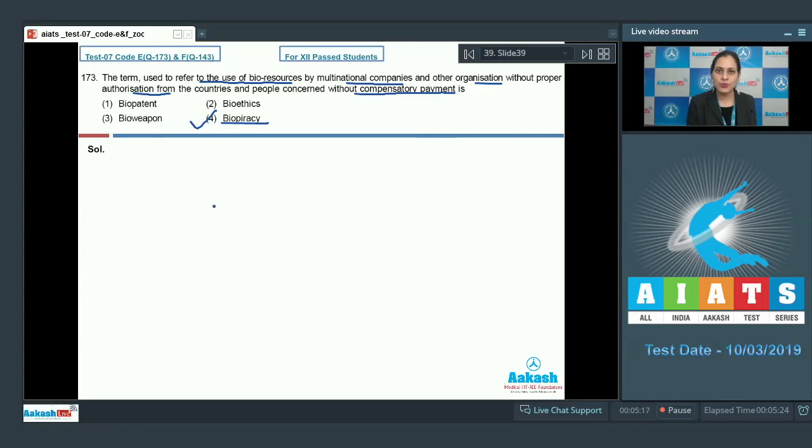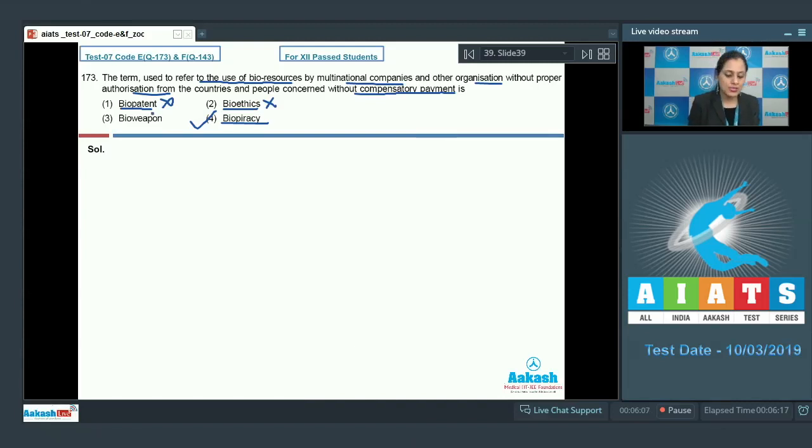Let's discuss rest of the options. The very first option given is biopatent, and this is an incorrect option because patents which are being granted for biological products derived from them are known as biopatent. The next option is bioethics, and this is an incorrect option. Bioethics may be viewed as a set of standards that may be used to regulate our activities in relation to biological world.